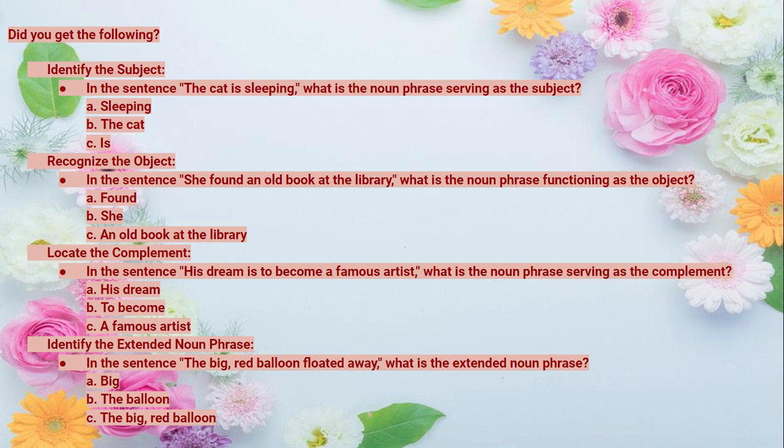Did you say an old book at the library? You are correct. Locate the complement. In the sentence, his dream is to become a famous artist, what is the noun phrase serving as the complement? Did you say his dream? Great job. Fantastic. You are correct.